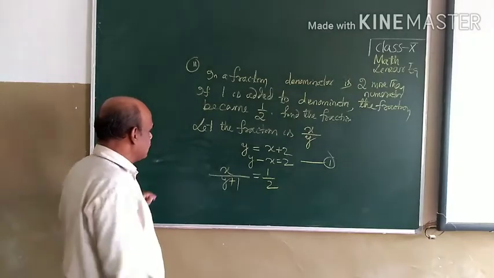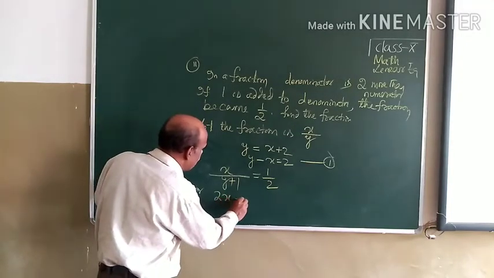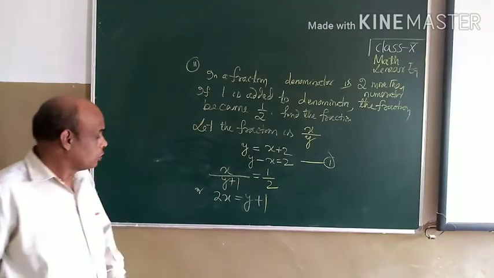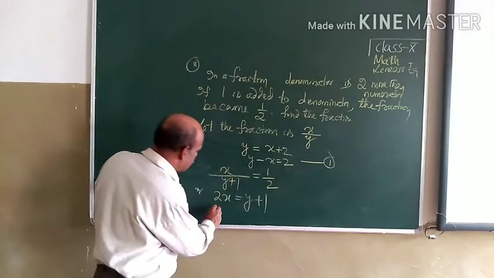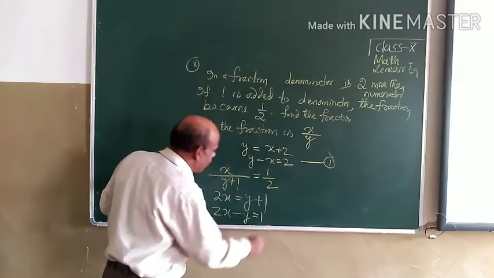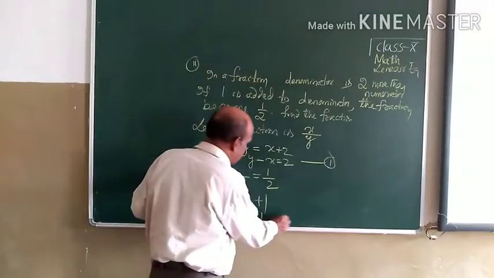By cross multiplication we got 2x is equal to y plus 1. So we can say 2x minus y is equal to 1. This is equation number 2.